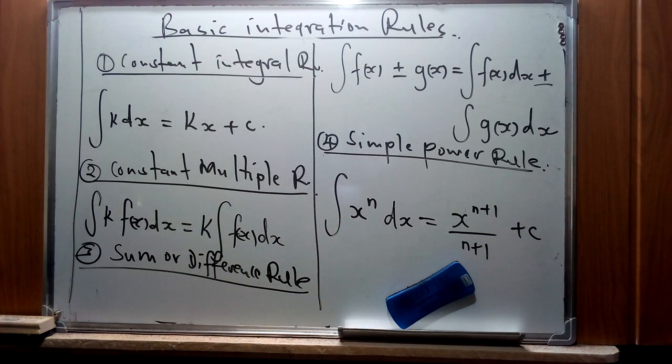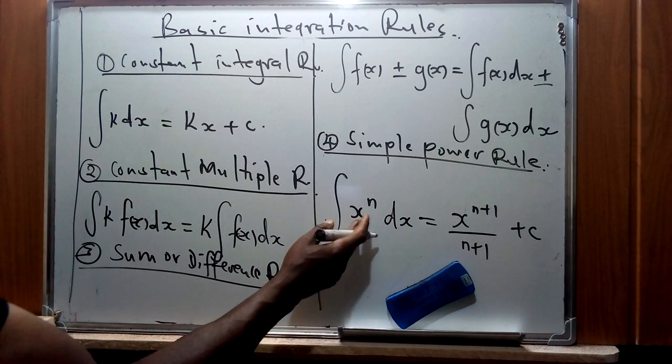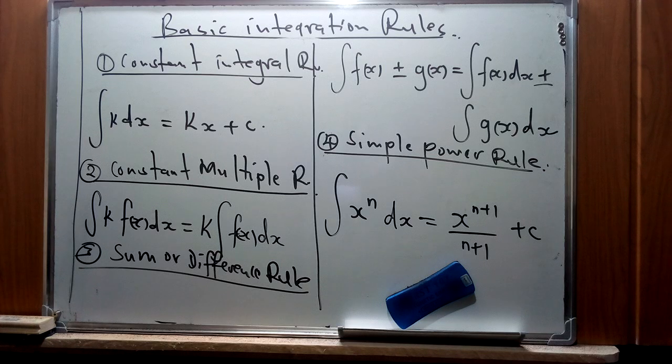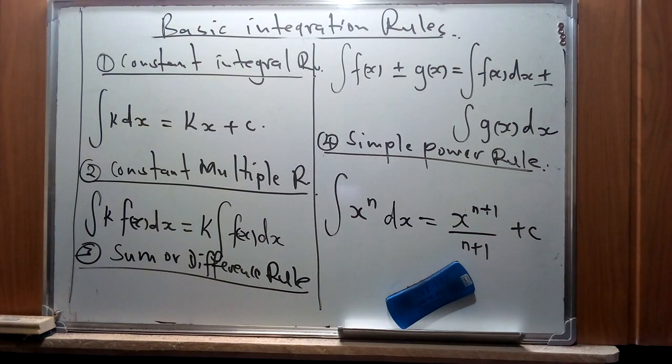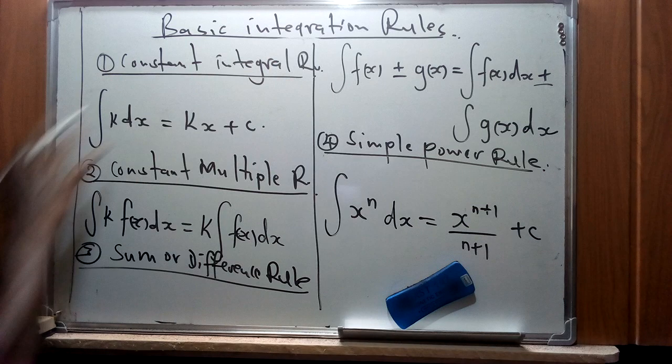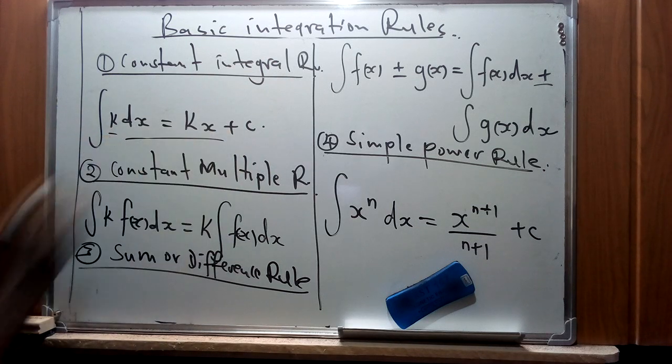So this is a general format for the basic integration rules that we're going to encounter in some of our discussions, and they're going to apply in different ways. They imply the concept of exponents, and some of them are going to have negative exponents, so we'll have a specific way to represent them. First we have the constant integral rule, which defines the integral of this specific format.